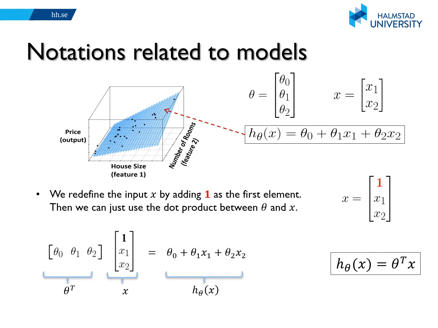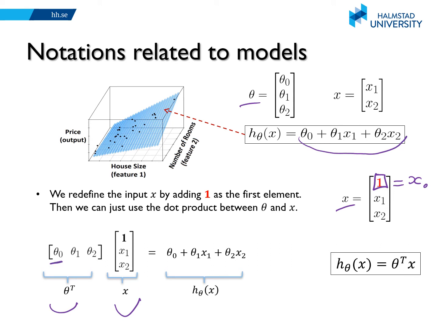Okay, so here is the answer. If we add 1 at the first coordinate of the vector x, so this is our x0, then our vectors x and theta will have the same number of elements, the same dimension. And if you compute the dot product between theta and x, so you have theta transpose x, then it gives you exactly this.